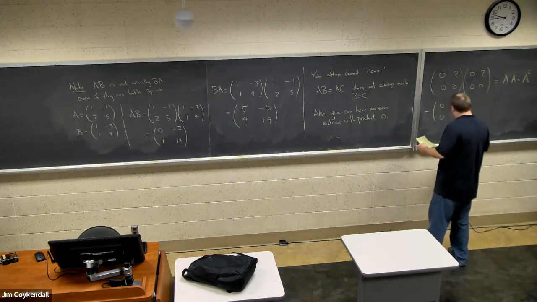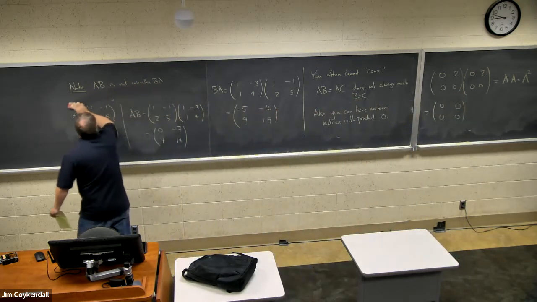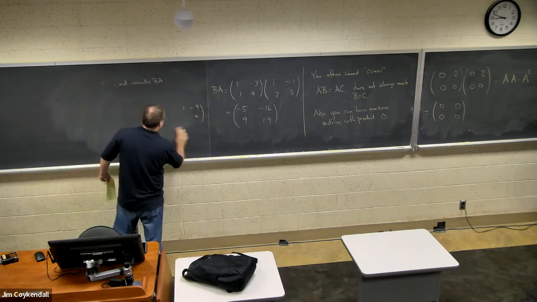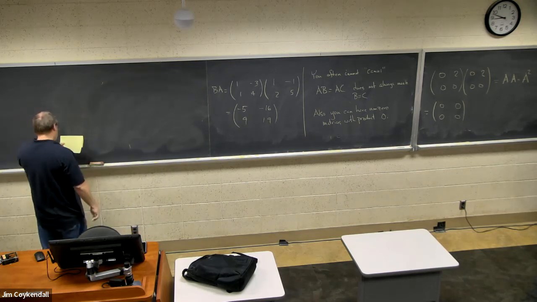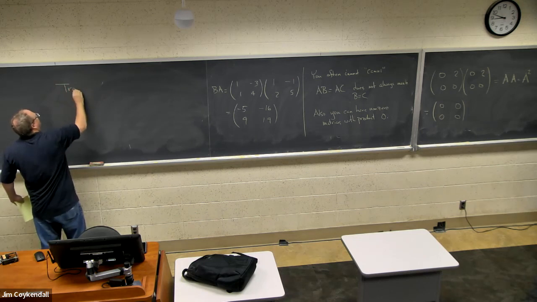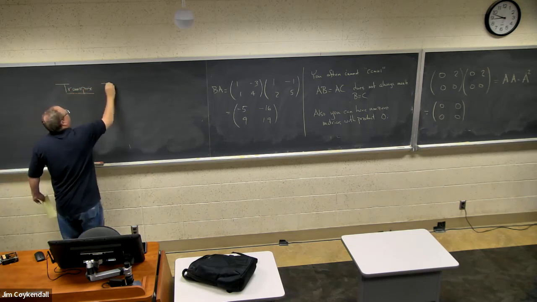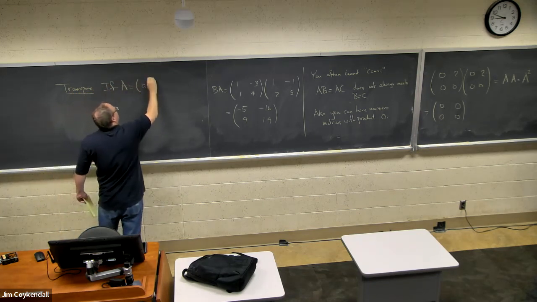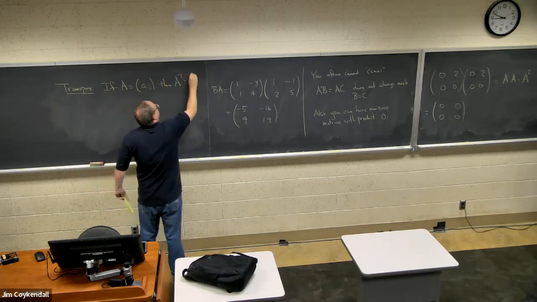Okay. We'll talk more about this next time, but I want to give you one more thing to chew on, and that is the notion of transpose. If A is the matrix A sub ij, then A transpose is the matrix A sub ji.